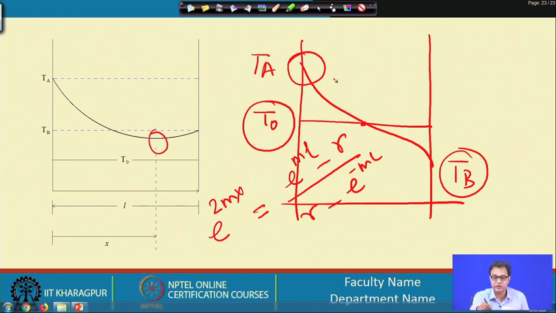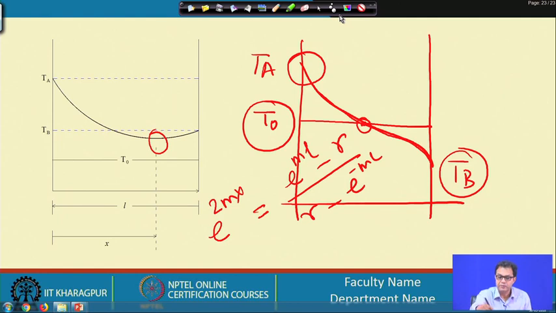But for this situation, at some point the fin temperature profile will have the same temperature as T0, so this will correspond to a configuration similar to that e to the power 2mx.